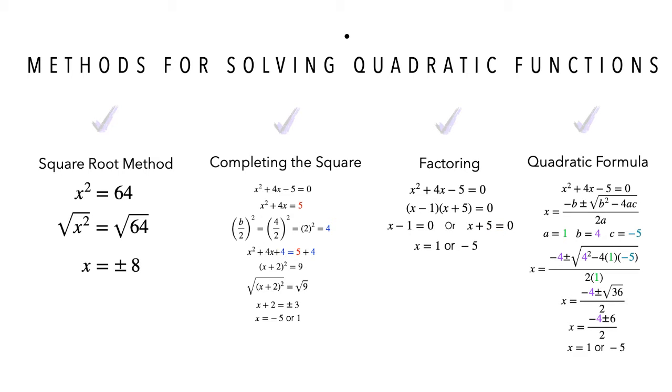And then lastly, our most powerful method was using the quadratic formula, and that was x equals negative b plus or minus the square root of b squared minus 4ac all over 2a. And that was very powerful because that could be used all the time.